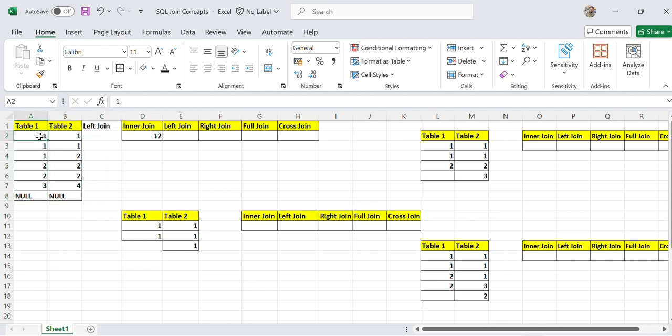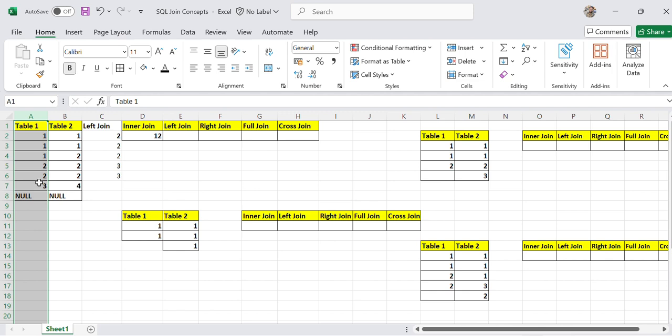In the left join, 1 is repetitive two times, this one is also repetitive two times, and this one is also repetitive two times. This 2 is repetitive three times, this one three times, and this 2 is also repetitive three times.